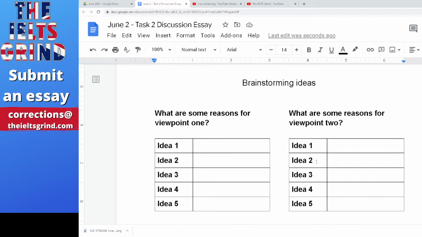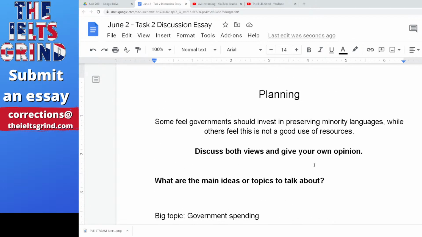So we're going to brainstorm some ideas. What you want to do is come up with as many ideas as you can for why someone has one viewpoint and why someone has the other viewpoint. Let's remind ourselves what that is. Some people feel the government should invest in preserving minority languages.